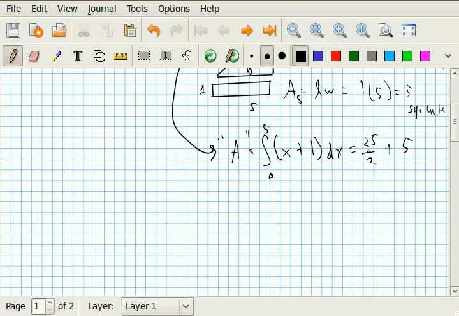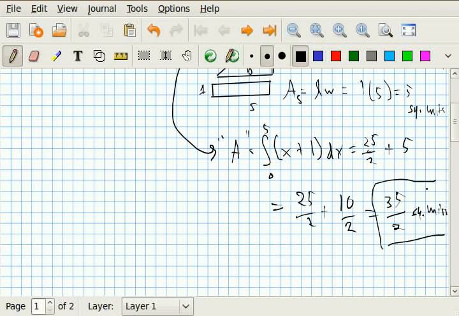We like to use exact answers when we can. That's 25 over 2 plus 10 halves. So that's 35 over 2 square units. And that's perfectly good for a final answer. Sometimes it's nice to round it to a decimal. In this case, it's exactly 17.5 square units.